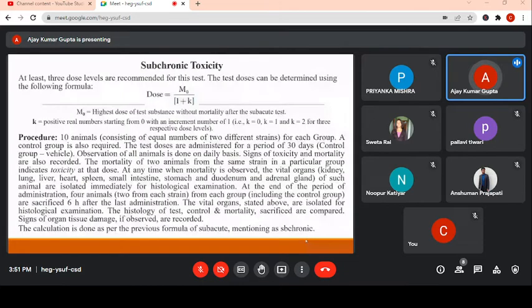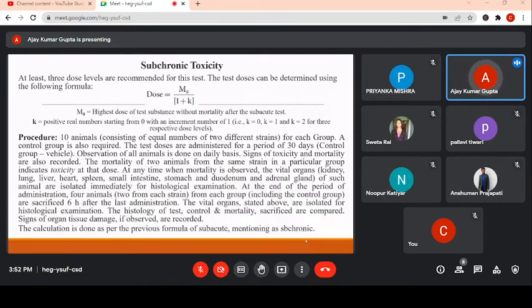So for subchronic toxicity, at least 3 dose levels are recommended for this test, and these 3 doses are calculated or determined by using this formula: dose equals M0 divided by (1 plus K). M0 is already known to you, the highest dose of the test substance without mortality after the subacute test, where K is a positive real number starting from 0 with an increment of 1, that is K may be 0, may be 1, may be 2.